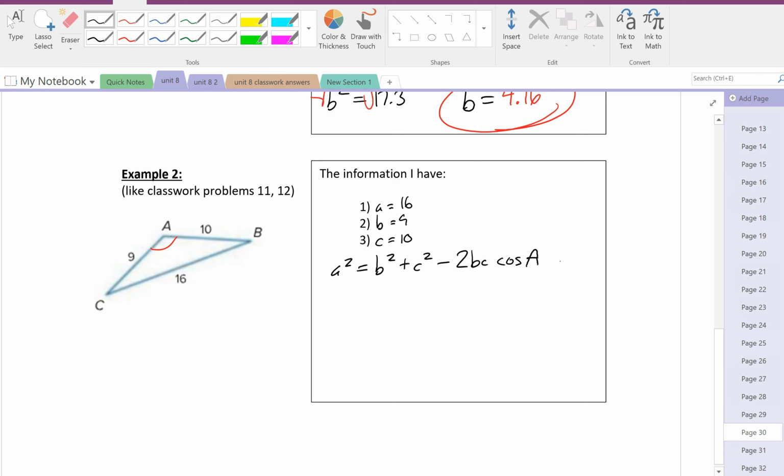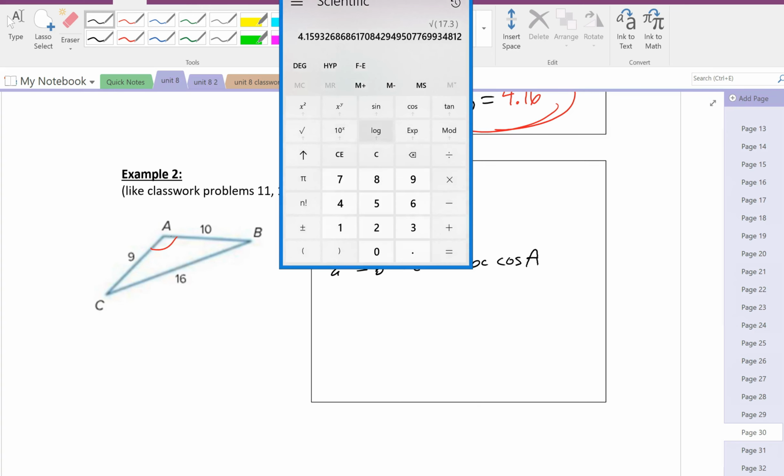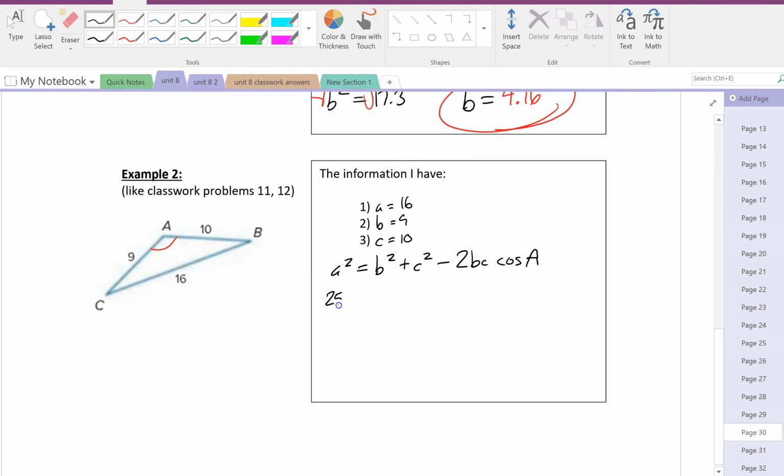It's a lot of stuff, but again, it's not hard to fill in. So A, do I know A? Yes. A is 16, so I'm going to square 16. It's 256 equals B squared. B is 9. I know 9 squared is 81. C is 10. I know 10 squared is 100.